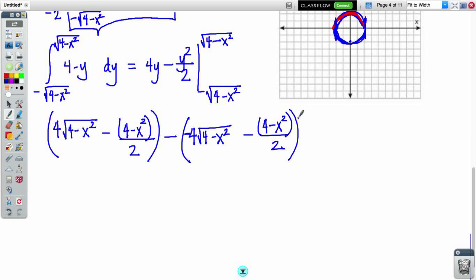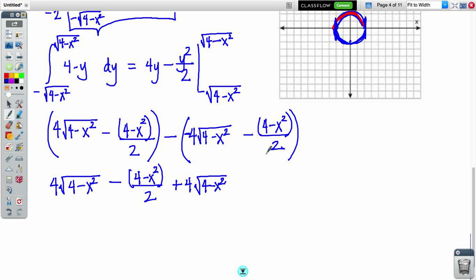So when I expand this all out and distribute my negatives, I have 4 square root of 4 minus x squared minus the quantity 4 minus x squared all over 2, plus, because I'm going to have minus and negative here, so plus 4 times the quantity square root of 4 minus x squared, and then minus negative again, plus that quantity all over 2.